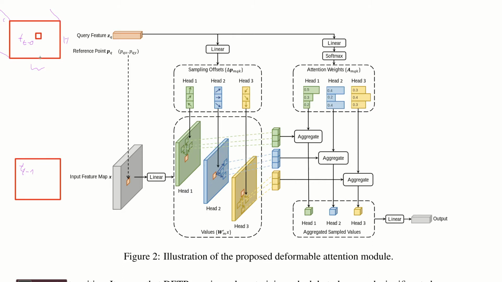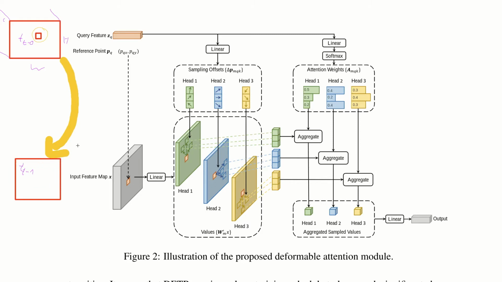The idea about deformable attention is that if we have this feature vector here, we want to attend to the other features in this feature map. Normal attention in transformers is across all these pixels, but this is just way too much and way too memory consuming.